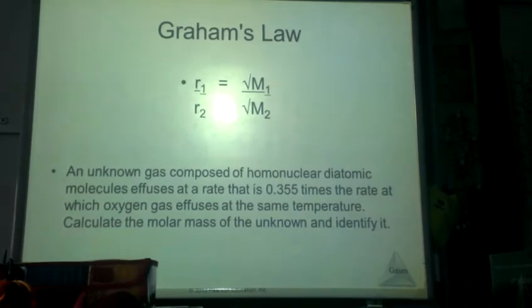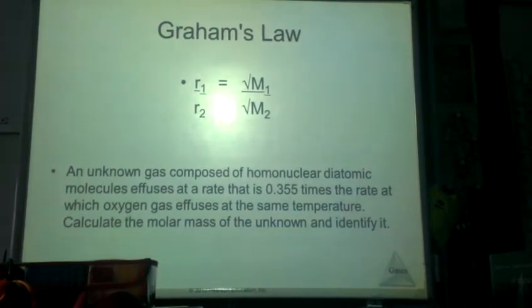So let's do an example, to see what a problem would look like for Graham's law. It says an unknown gas composed of homonuclear diatomic molecules, so same atom, effuses at a rate that is 0.355 times the rate at which oxygen gas effuses at the same temperature.